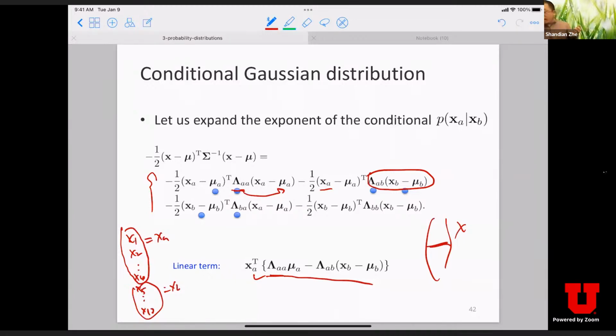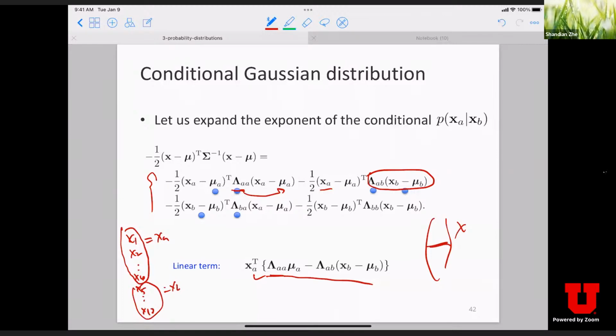Because we partition x into xa and xb, correspondingly we can partition mu into mu a and mu b, and also the inverse covariance matrix into blocks. Then we write down the exponent of their joint density in terms of their partitions.